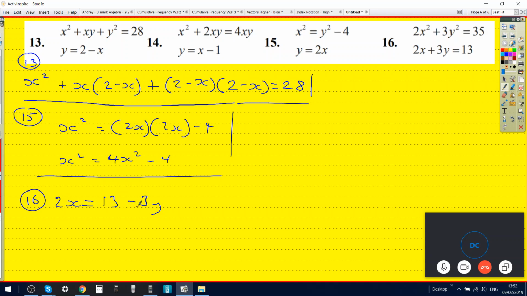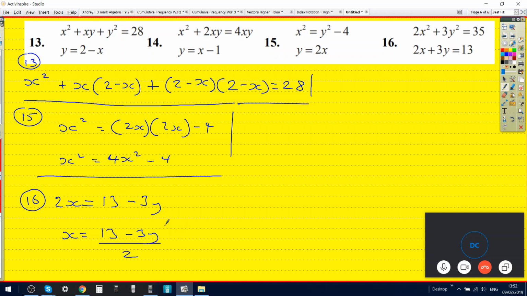I don't see where to go from there. What would 1x be equal to? X equals 7.5. Well, basically 13 minus 3y over 2. 13 minus 3y over 2.